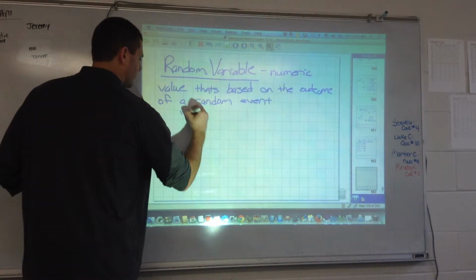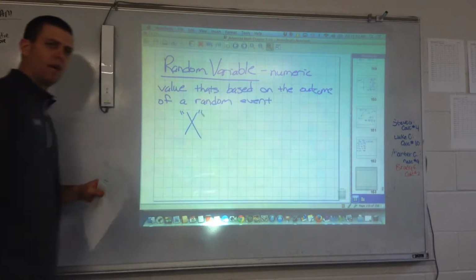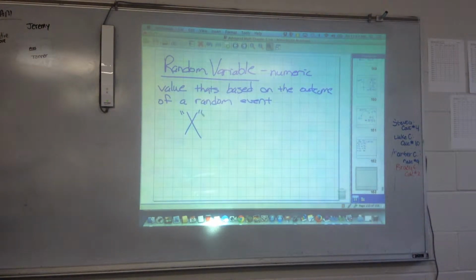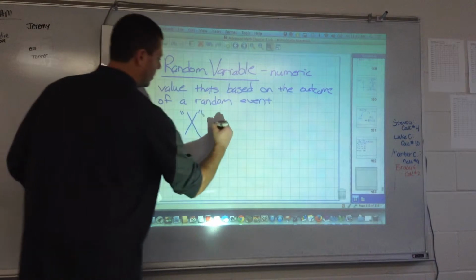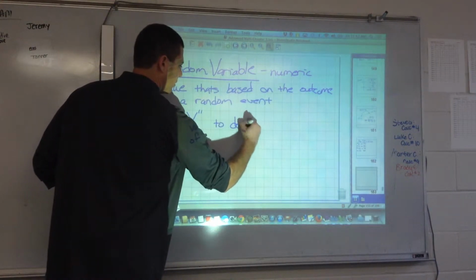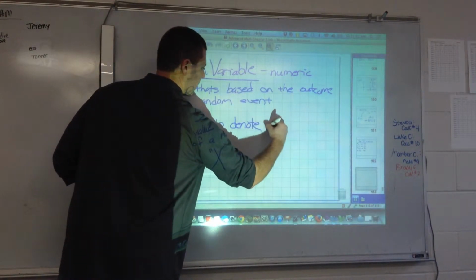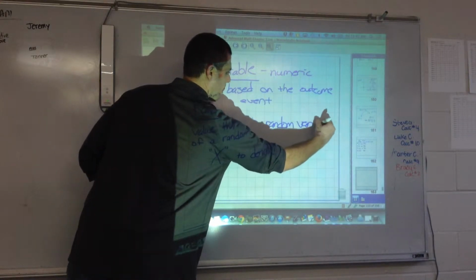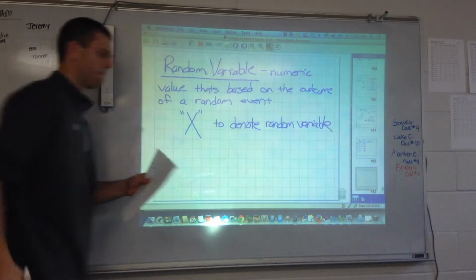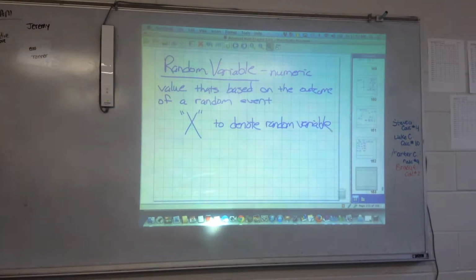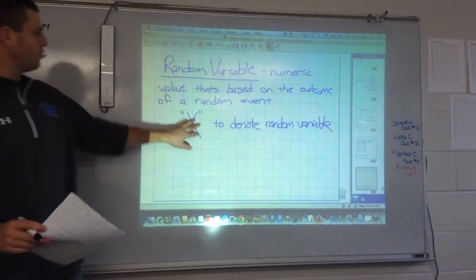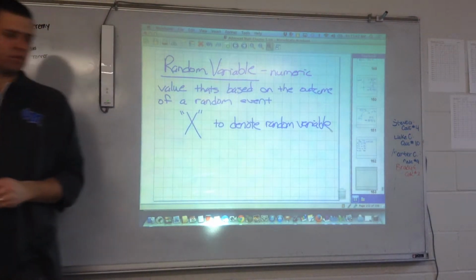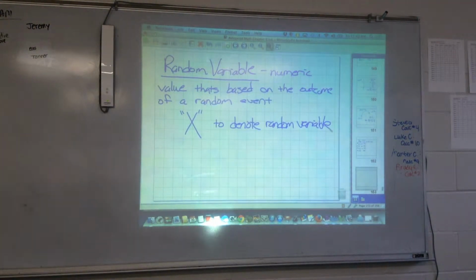And a lot of times you'll see a capital X to denote the random variable. What's denote? Represent. Yep. Usually a large X is used to represent that random variable.